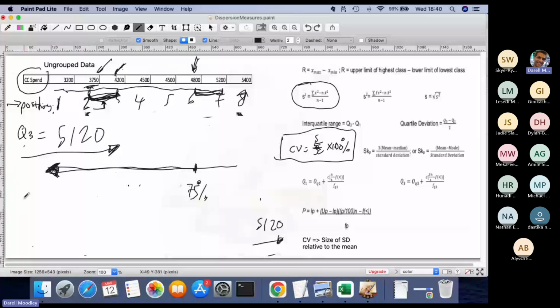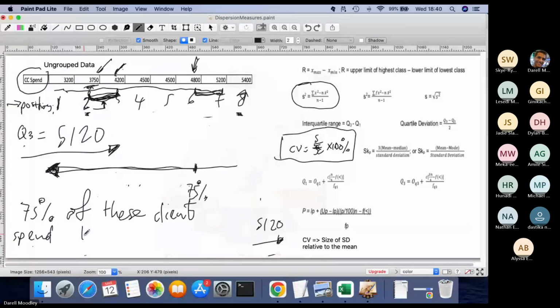So that means 75% of these people, we can say these clients, spend less than 5.20.